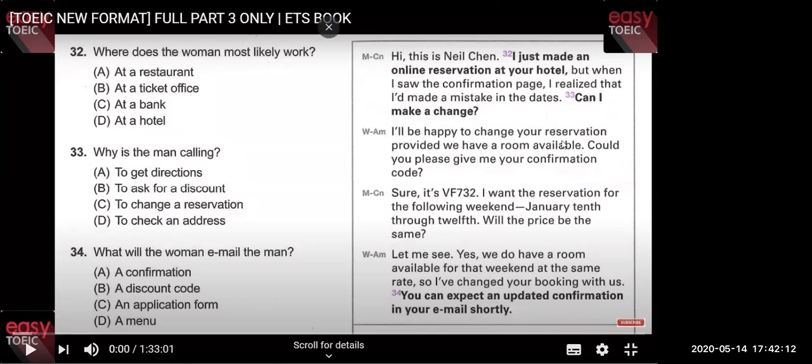So this is just for practice in this particular video. But let's see how we get on. I'll play the conversation for you, and then as a group we'll answer the questions. We'll have a little vote maybe. So here we go.